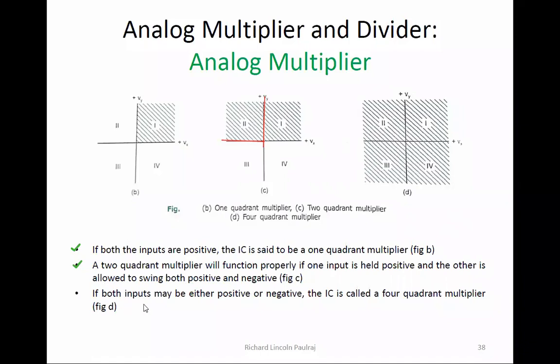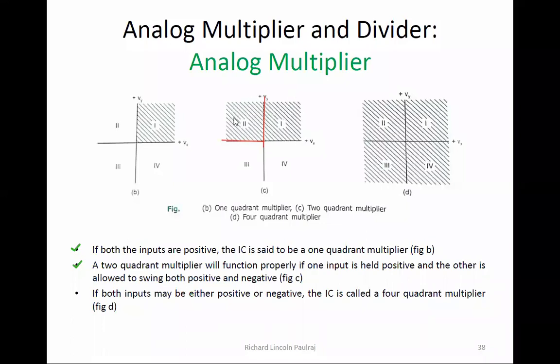If both inputs may either be positive or negative, it is the double case of this, right? Here it was only positive. Here Vx is kept positive and Vy is allowed to move around positive and negative, or the other way: Vy is kept positive and Vx is made to move between positive and negative.